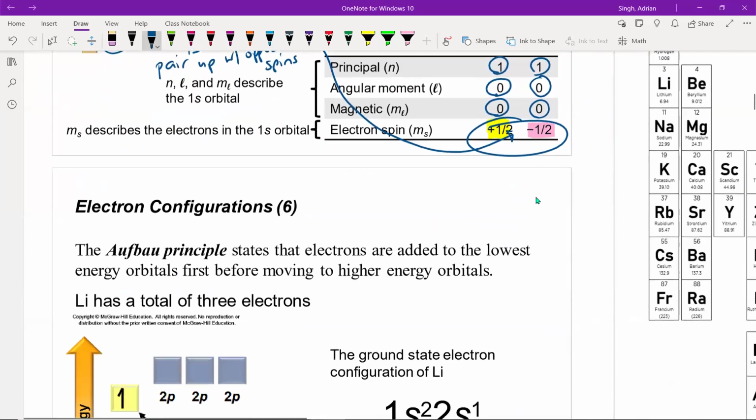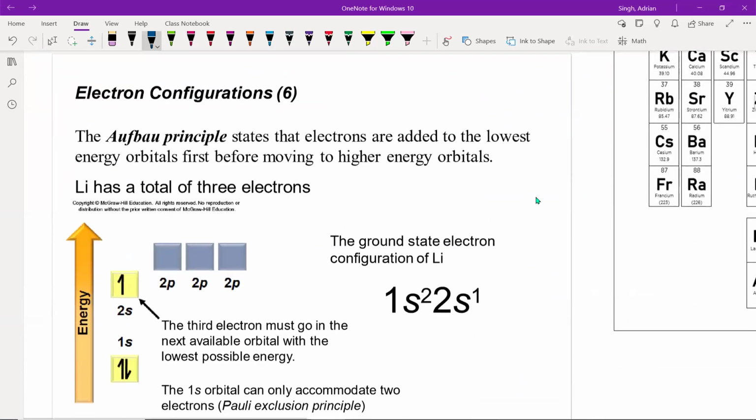The second is sort of intuitive, and that's called the Aufbau principle. According to the Aufbau principle, which is a German word, I think, that means sort of building up, specifically from the lowest energy first.